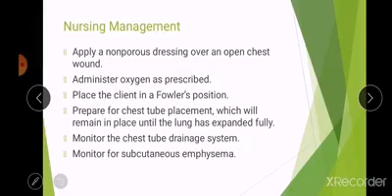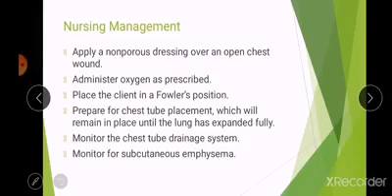And place the client in a Fowler's position, but you need to assess whether the client is comfortable in that position. Pero this is advisable, Fowler's position for chest expansion. Okay? Prepare for chest tube placement, which will remain in place until the lung has expanded fully. So, you need to prepare those.